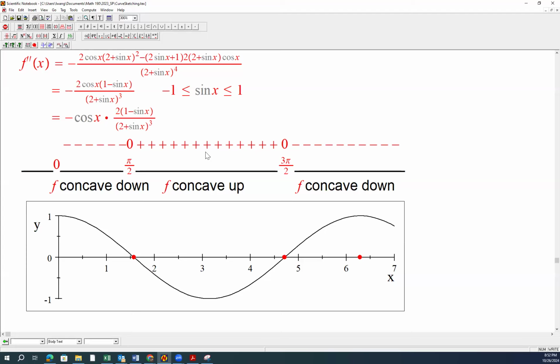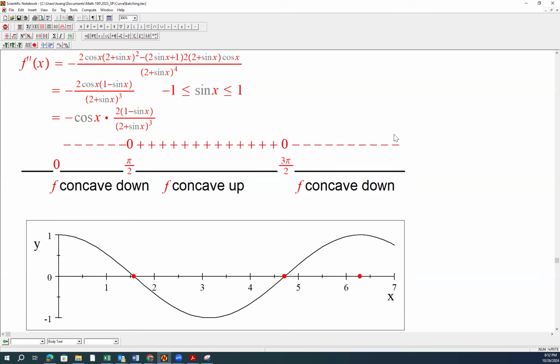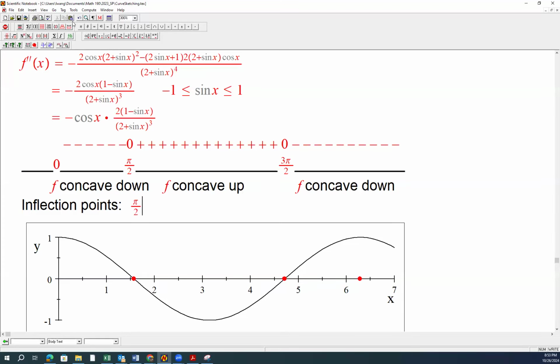All right, so we got concavity there. Do we got inflection points? Obviously, we got inflection points because at pi over 2, there's a change of concavity. At 3 pi over 2, there's also a change of concavity. So inflection points are pi over 2 and 3 pi over 2.